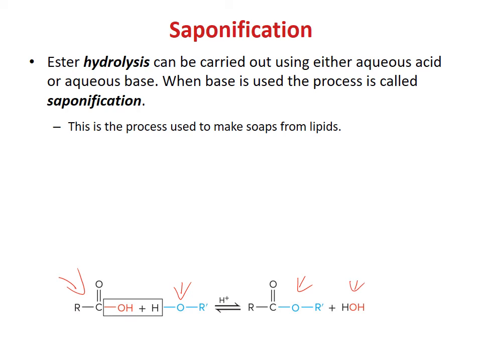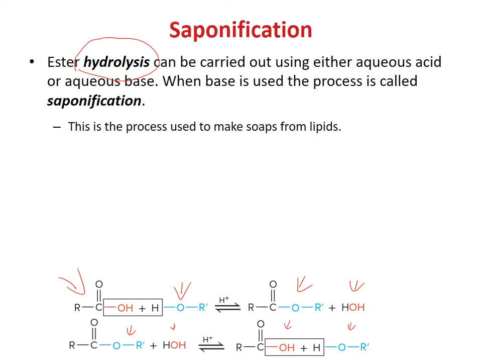The reverse of this reaction, where an ester reacts with water to go back to a carboxylic acid and alcohol, is called ester hydrolysis. So in a larger amount of water, the carbon-oxygen bond in the ester is broken, and hydroxide replaces the OR, alkoxide group, to form the carboxylic acid.